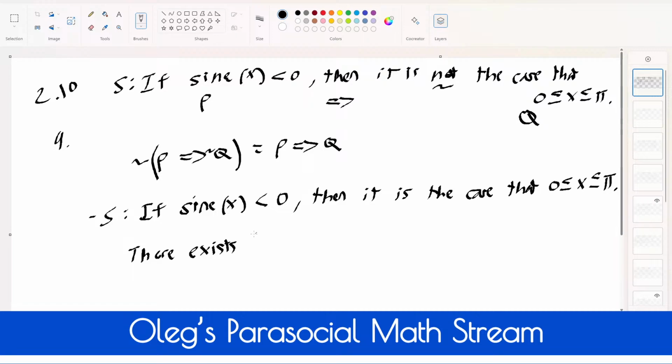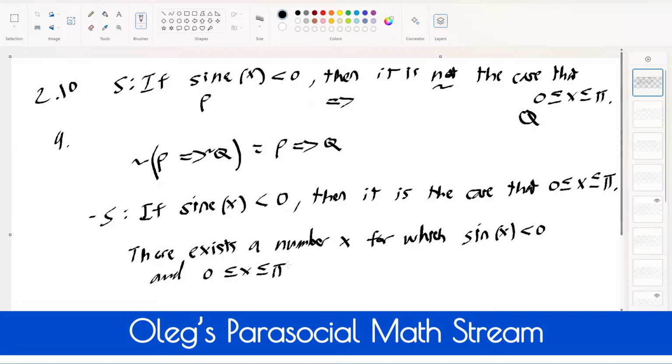There exists a number x for which sine x is greater than or equal to 0 and 0, see here, less than or equal to pi.